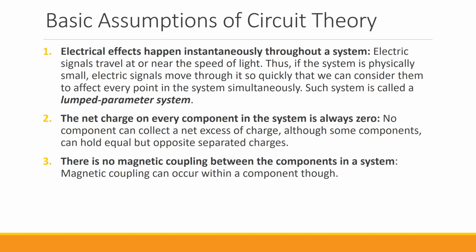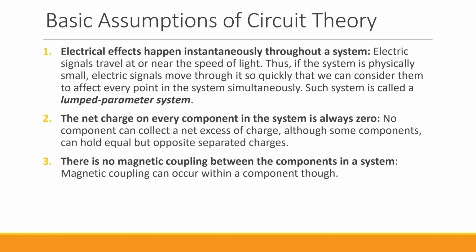The first important assumption is that electrical effects happen instantaneously throughout a system or a circuit. What does it mean? Electric signals usually travel at or near the speed of light, right?